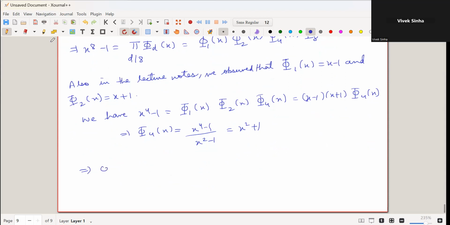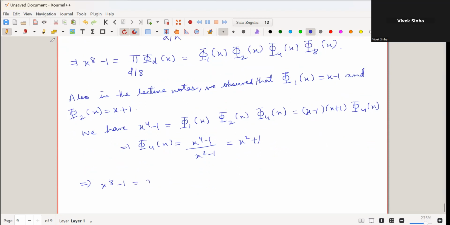So this implies from here x^8 minus 1, what is phi 1 of x? This is x minus 1, x plus 1, x^2 plus 1, and then you have phi 8 of x. So this is x^4 minus 1.